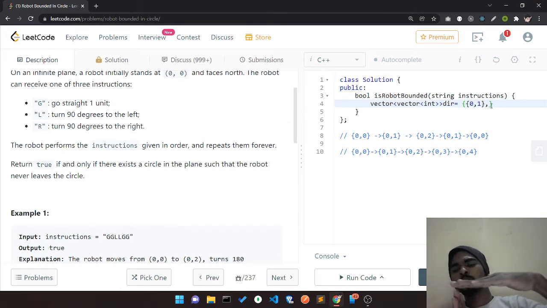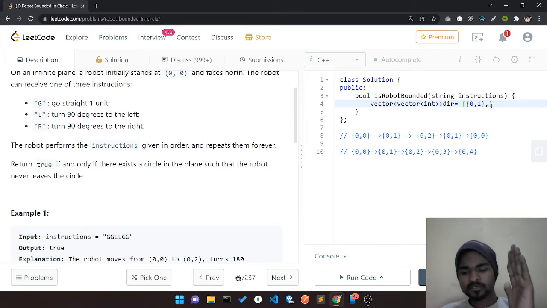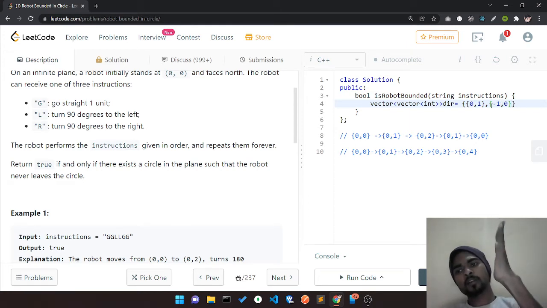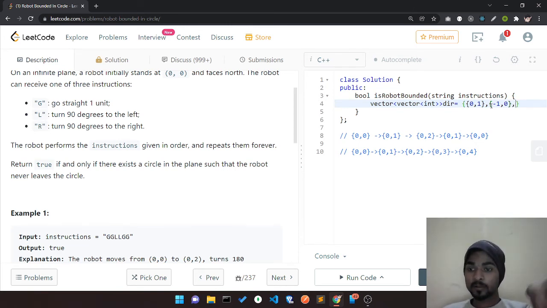How do I represent the left side from north, this 0 and 1? My referencing point is 0 comma 0, so minus 1 and 0 is my upward direction. How can I represent the backward direction? It's simple: the backward direction will be 0 comma minus 1.